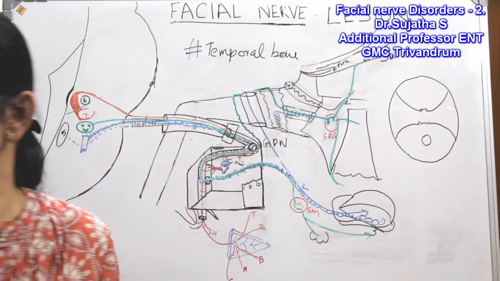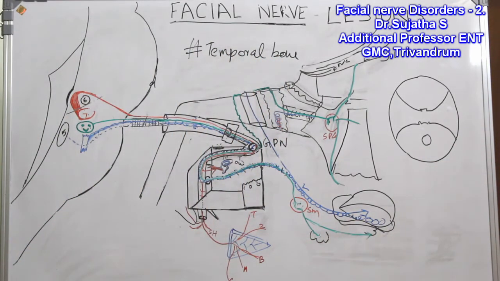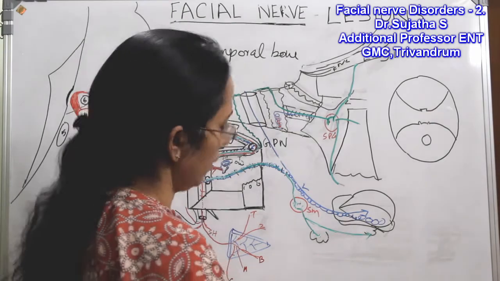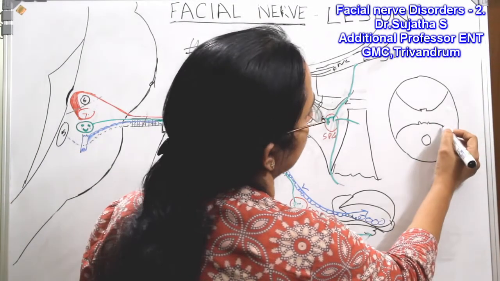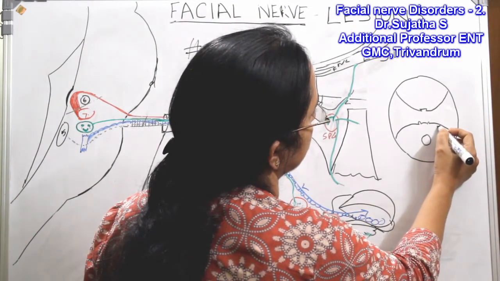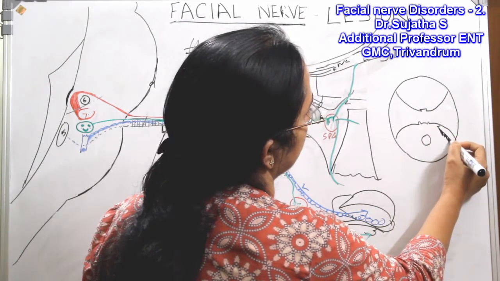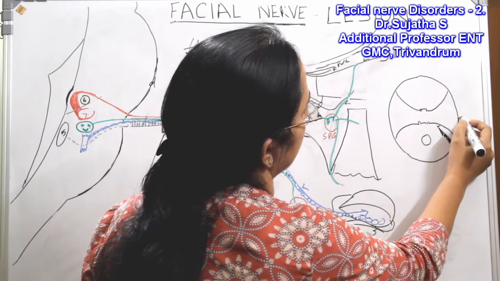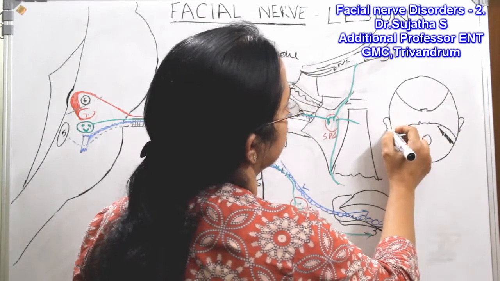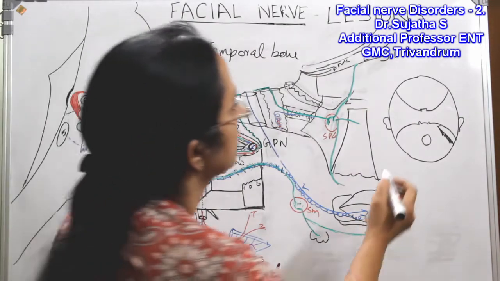And almost here comes the temporal petrous bone. Okay. External auditory canal. Right.